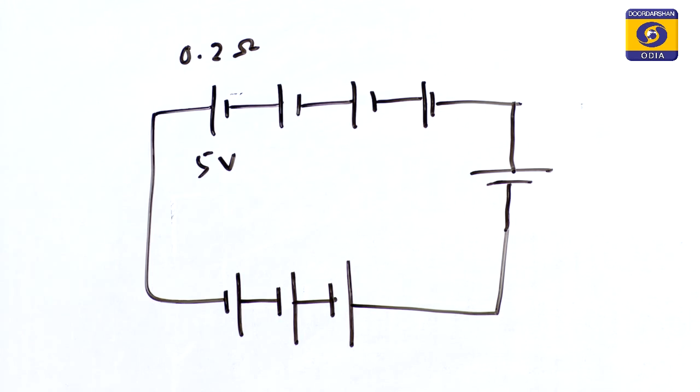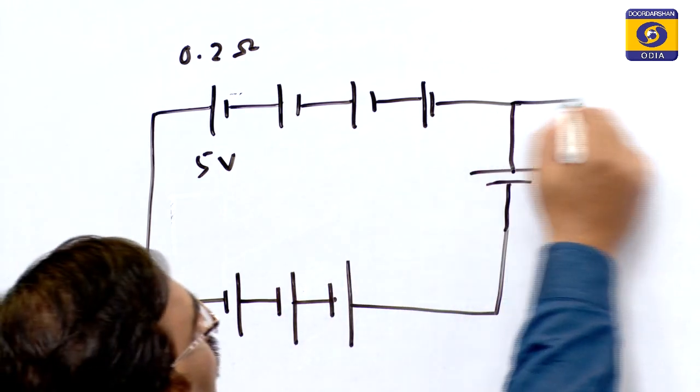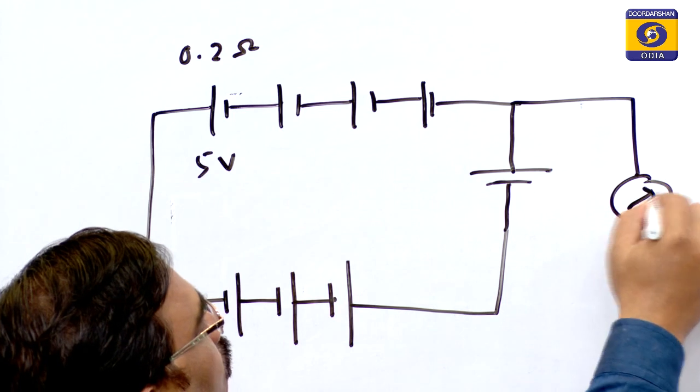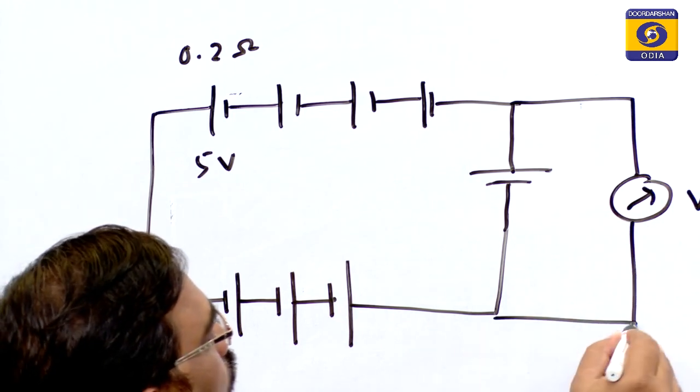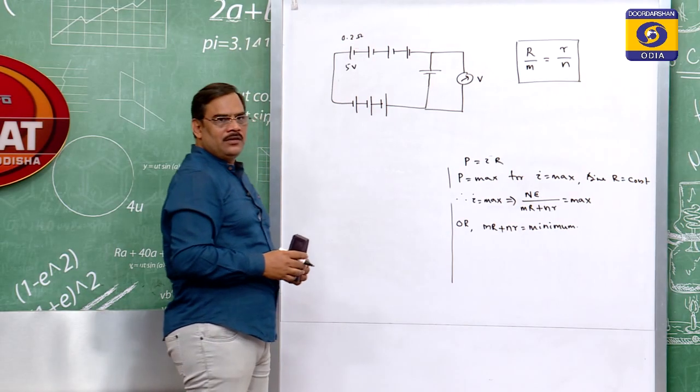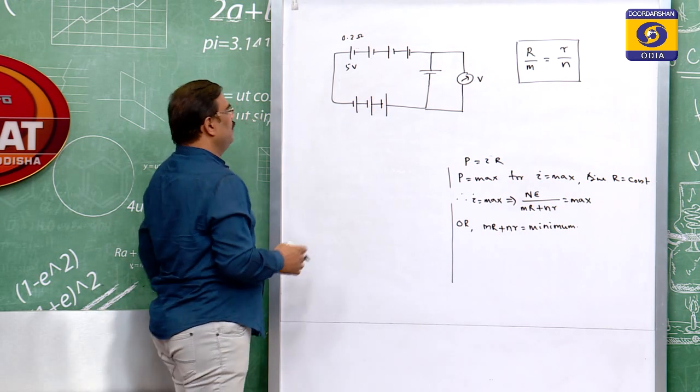Find the reading of an ideal voltmeter connected across one of the cells. Suppose this cell. If an ideal voltmeter is connected here, what will be the reading of the voltmeter?